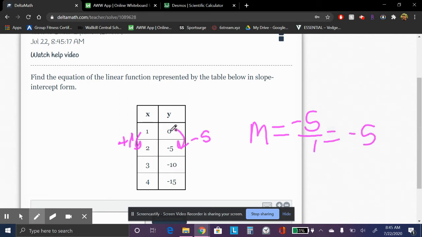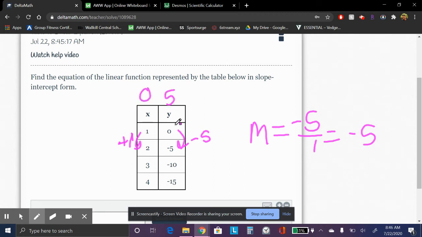Now, you could say, oh, there's a 0 right here. That means this is the y-intercept. No, that's where the y equals 0. This is the x-intercept, actually. The y-intercept is going to be if I keep going on with this trend. So if this is going down 5, down 5, down 5, this one's going to go up 5. So my point up here is going to be 0, 5.